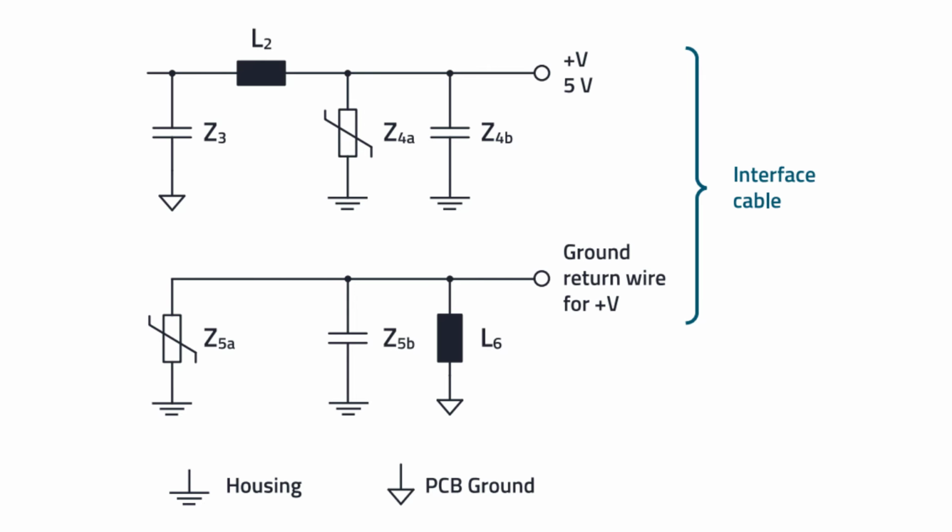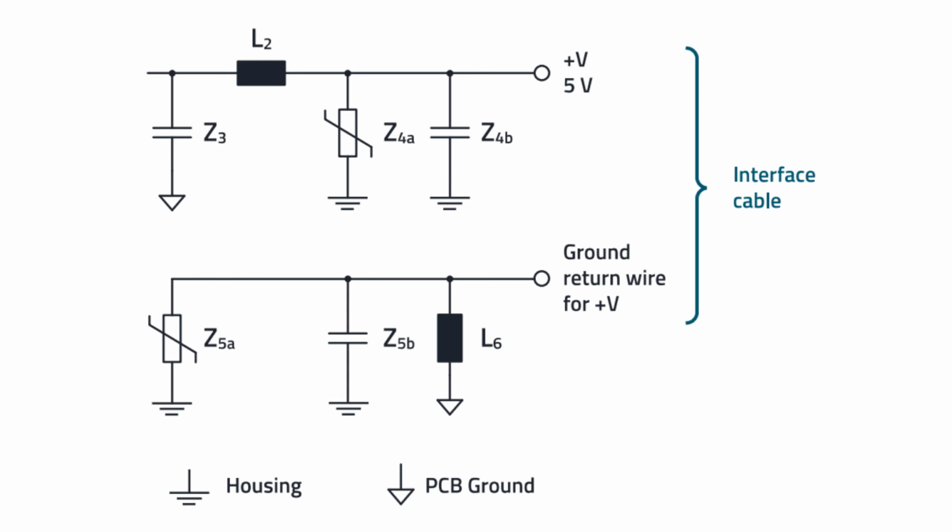A decoupling capacitor with 100 nanofarad is used as a standard to determine our Z3. An X7R ceramic capacitor with sufficiently high rated voltage should be used here so as to not run into the voltage bias effect and lose capacitance. Our Z4A is a surface mount varistor with a channel input capacitance of 200 picofarad.